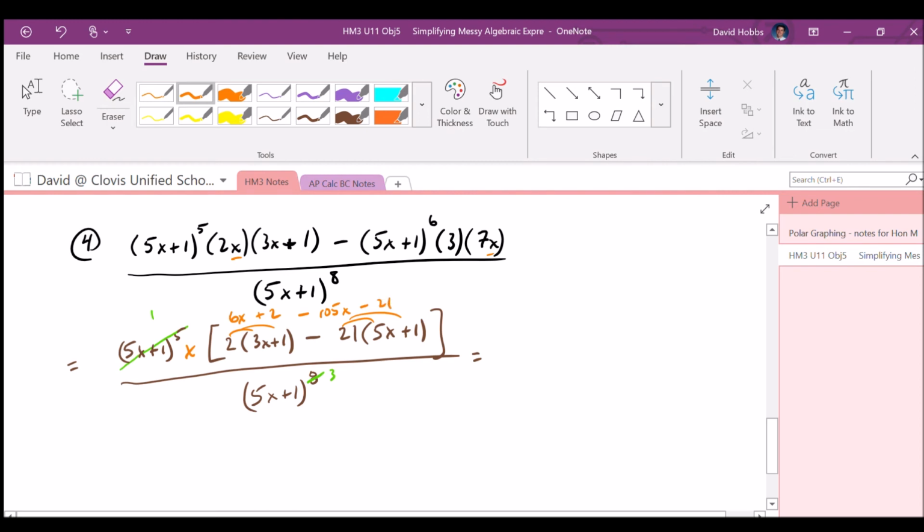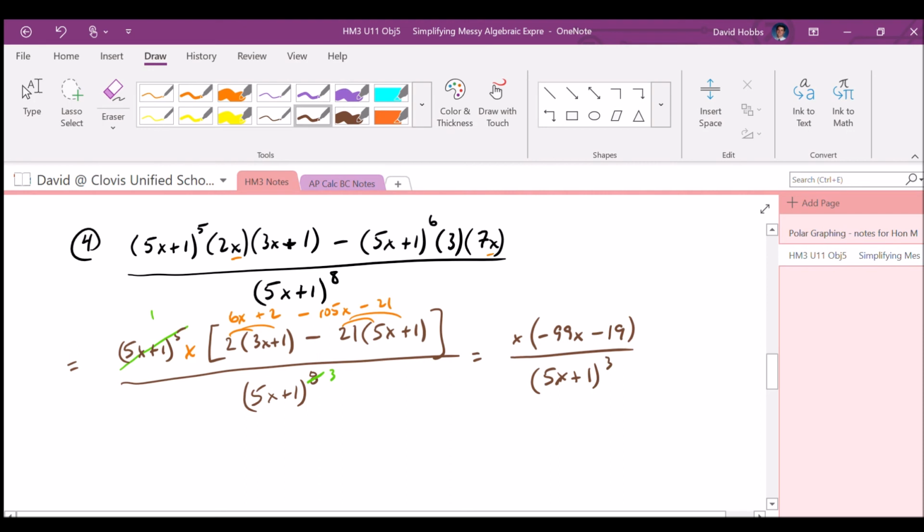Okay. So we've got numerator, don't forget the GCF of x. Okay, 6x minus 105x, that's negative 99x. 2 minus 21, that's negative 19. And (5x plus 1) quantity to the 3rd.